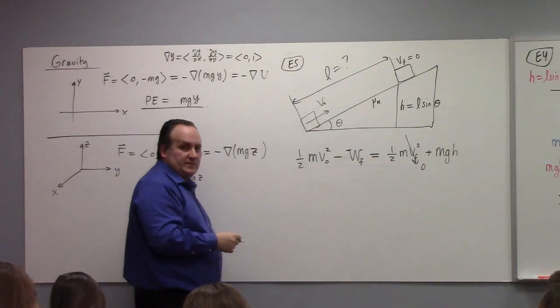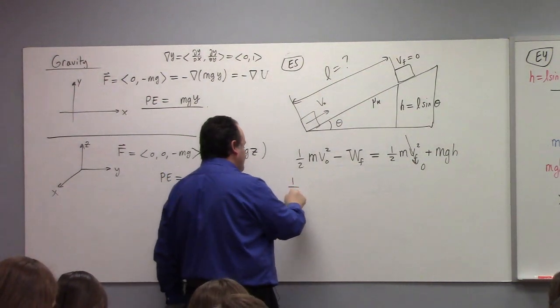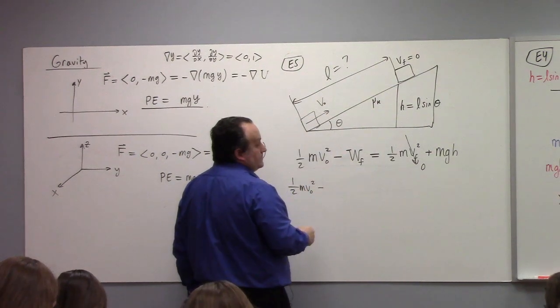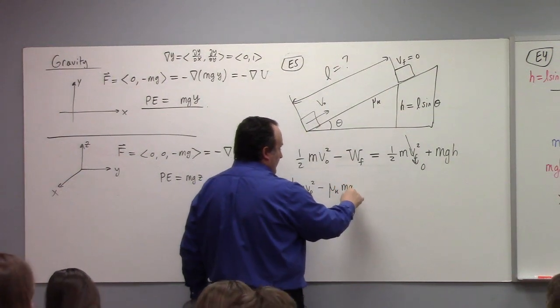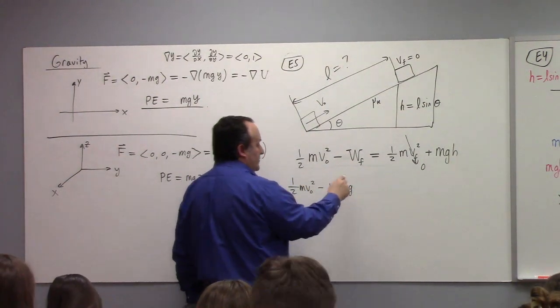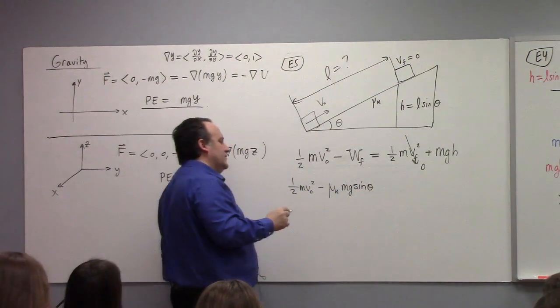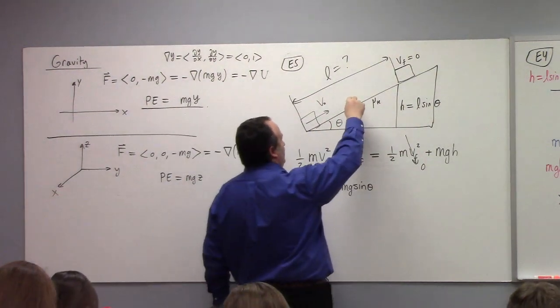What's the work done by friction? Mu k, yeah. Mg, I heard an mg sine theta. Do we believe that? Well, hold on a second. Let's think about that.